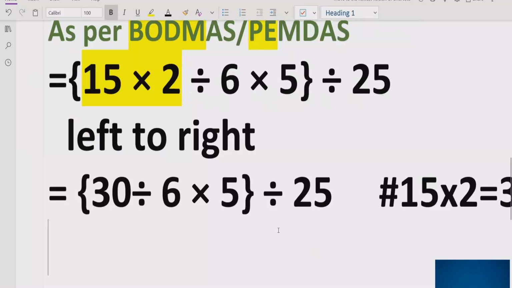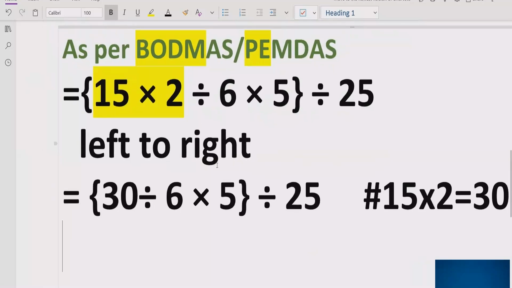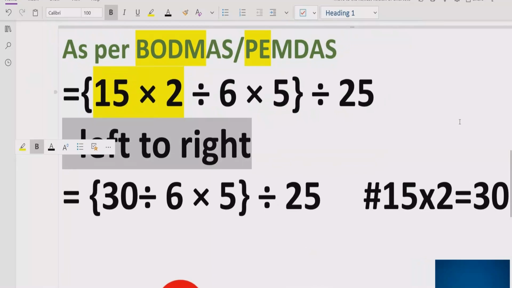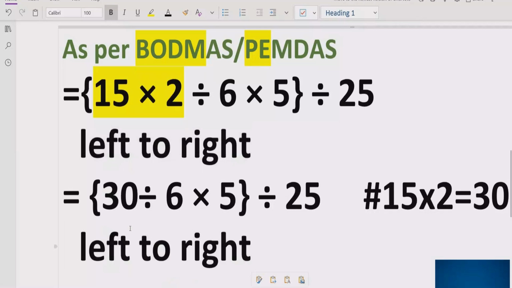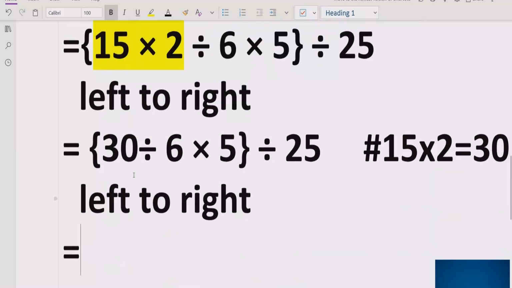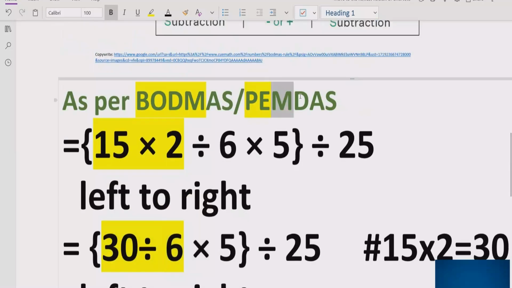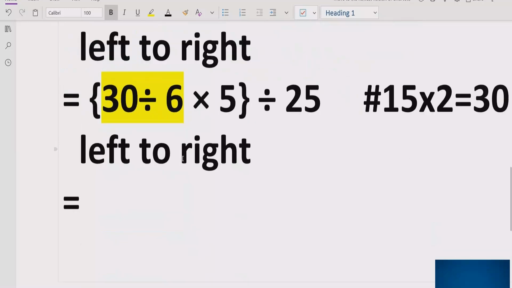Now we repeat step number three because we have another division and multiplication. Again we go left to right and find out which comes first. So first we have 30 divided by 6. Either you are using PEMDAS or BODMAS, you follow the same step: go left to right and find out which comes first.